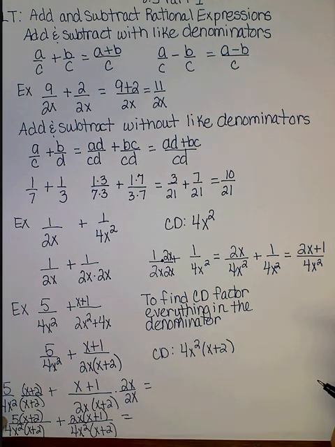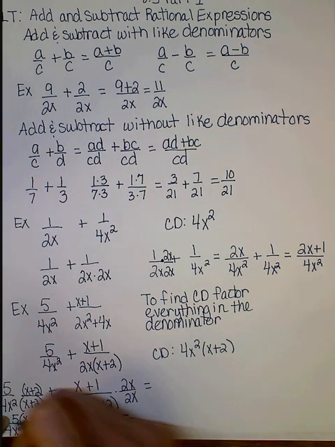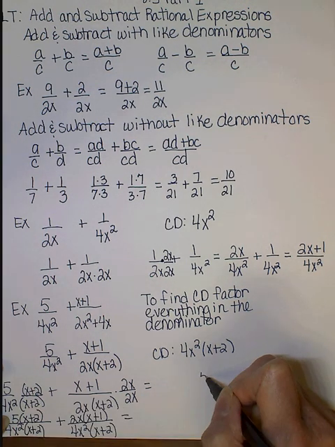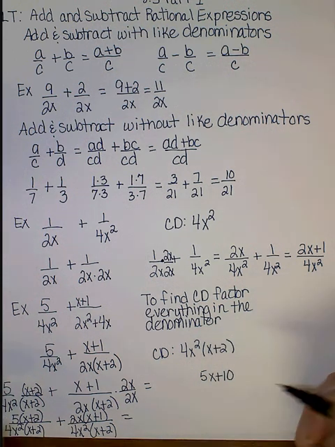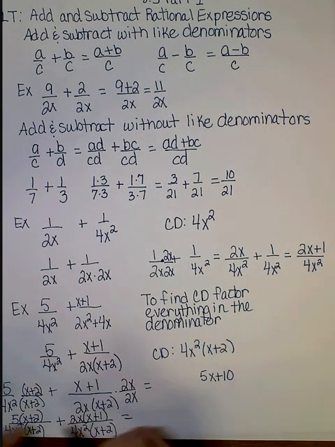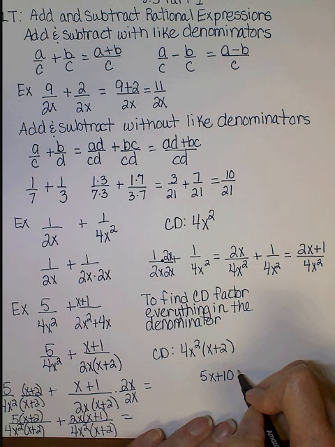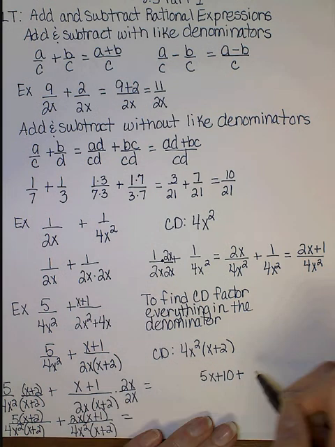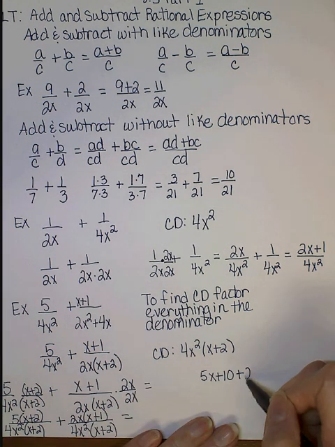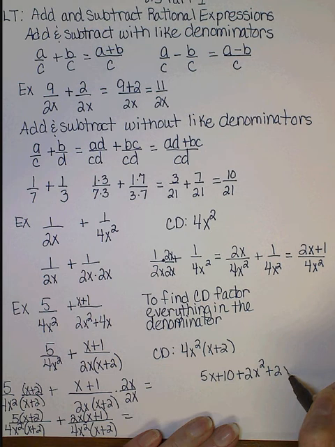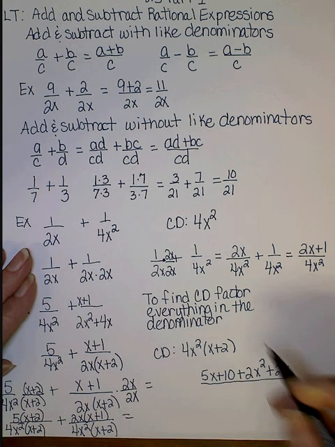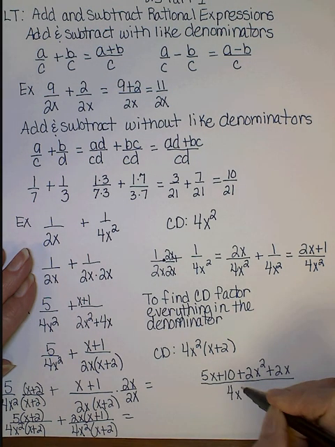Okay, so I'm going to clean this up. I'm going to do the distributive property and multiply through by the 5. I'm going to go ahead and combine these together. Since I'm adding, I can add the numerators. I need to do the distributive property here. These would be all over my common denominator.